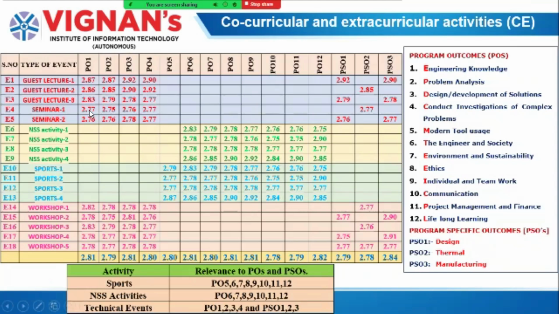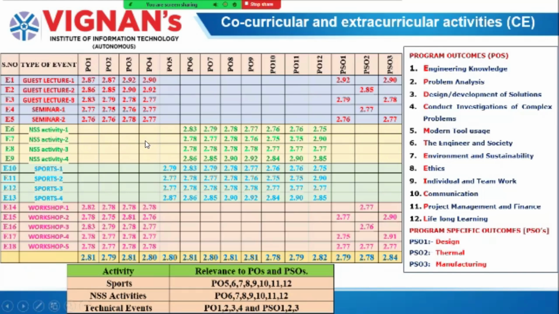So in this, in the complete year for that batch, co-curricular and extracurricular activities may be workshops, guest lectures, seminars, NSS activities, sports activities, like that. So if you observe this table, here we have 1, 2, 3 guest lectures and 4, 5 seminars, and NSS activities and sports and workshops.